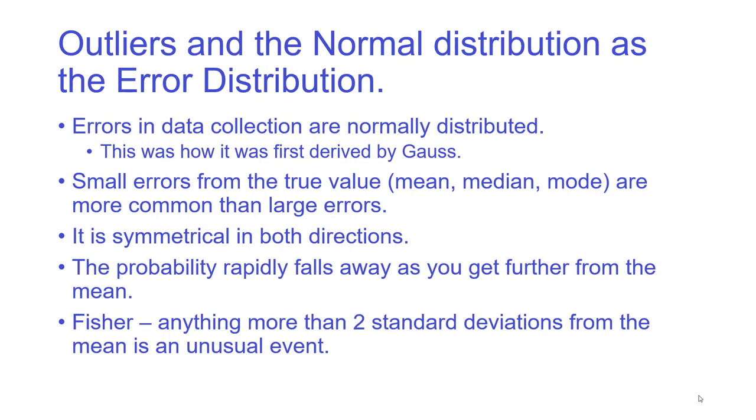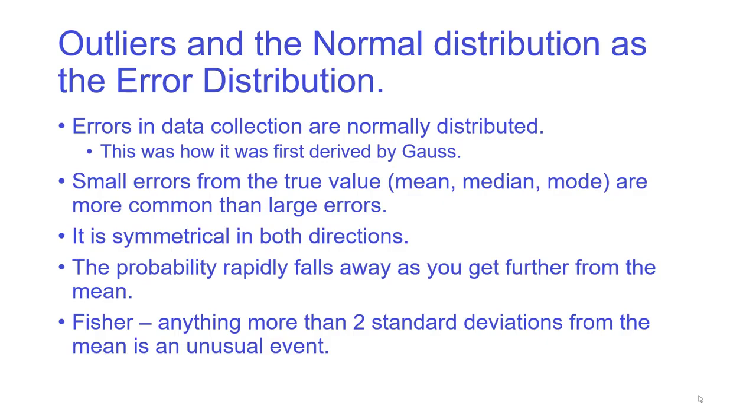So you had lots of small variations, but you only had a few really large errors. And so he drew something, a symmetrical curve, because there were common errors to the left and right and up and down. So he drew something that was symmetrical, which rapidly decreased as you got further from the centre.